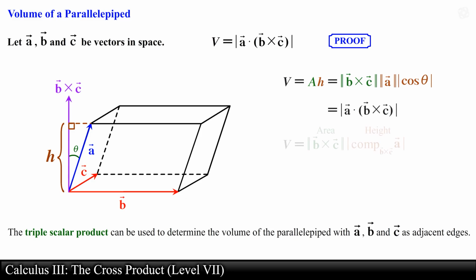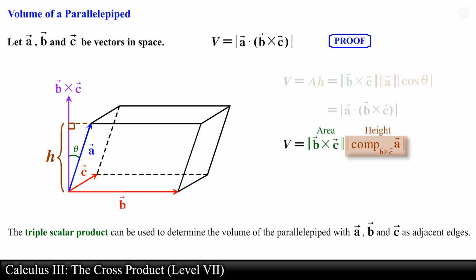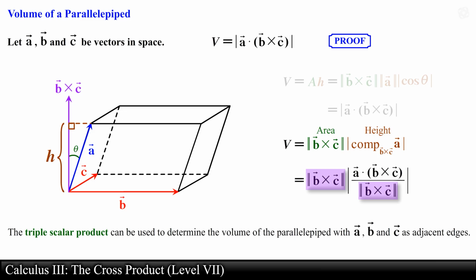We can also use the scalar projection of vector A onto the vector produced by crossing vector B and vector C. Again, making sure we use the absolute value of the scalar projection since the height will be a positive number. The magnitude of the cross product cancels out, and we are left with the same expression for the volume of the parallelepiped.